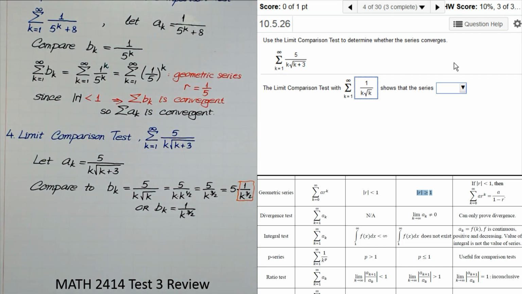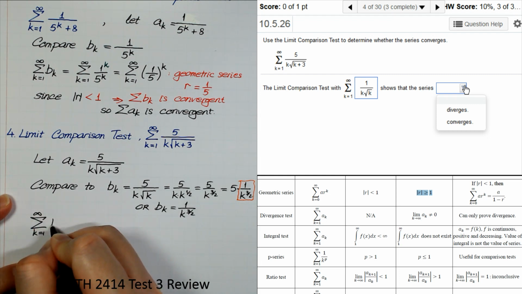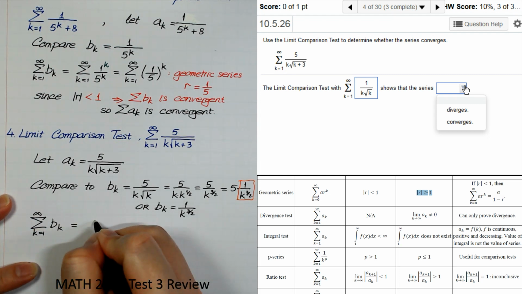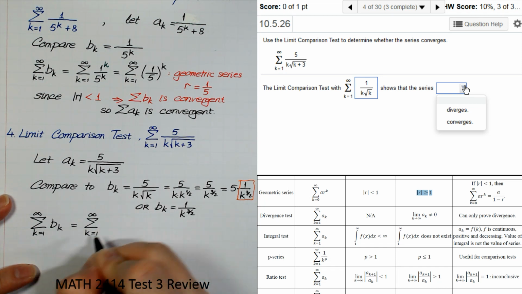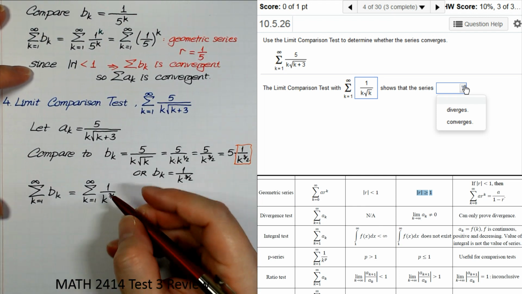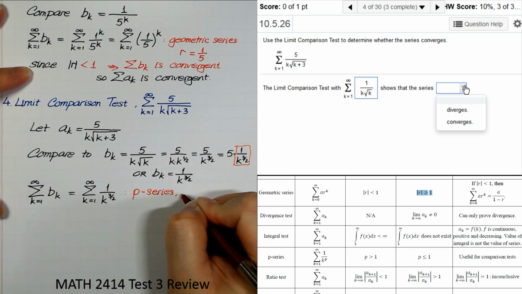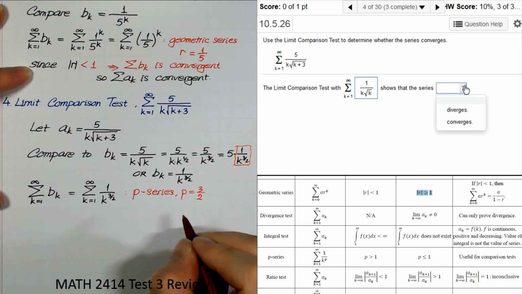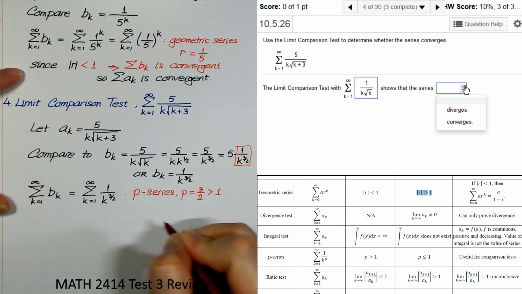to be b of k. And how about the series, k equal to 1 to infinity of b of k? This is a p series where p is equal to 3/2, and according to the p series rule, this is bigger than 1, so it will be convergent.